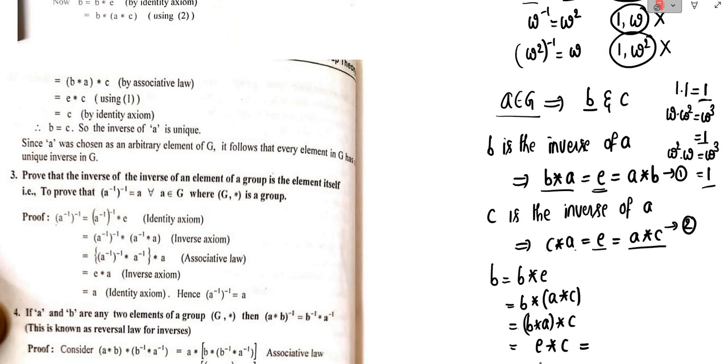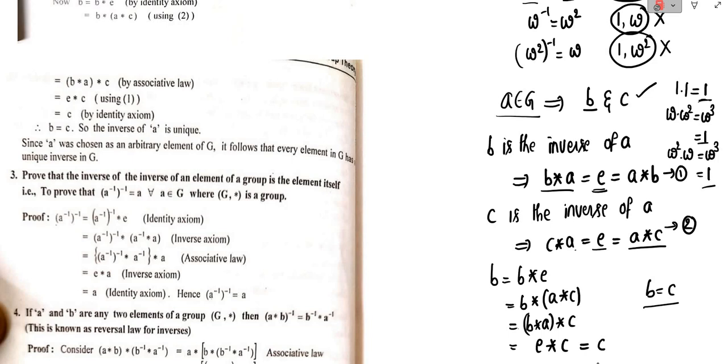Again, by using the identity law, the identity element times any element equals that element. So we get b = c. At the starting, we took b and c as inverses of a. Finally, we proved that b = c. That means for one element, we have only one inverse.